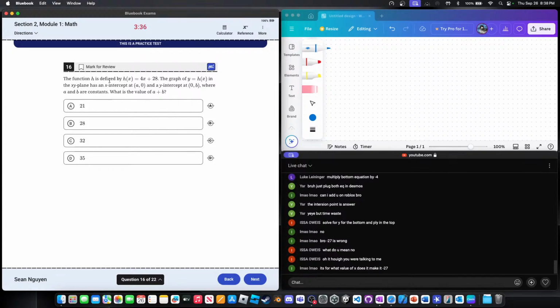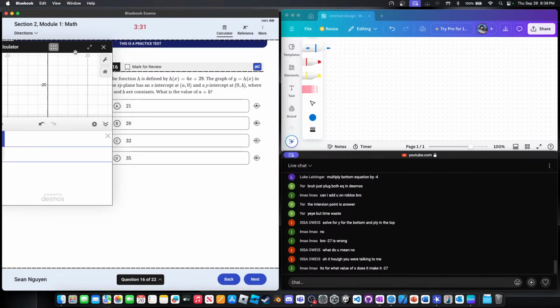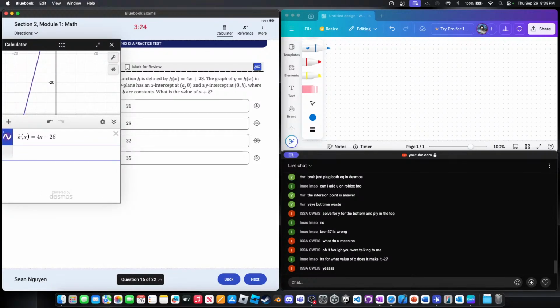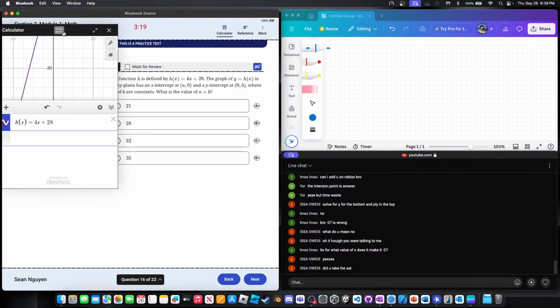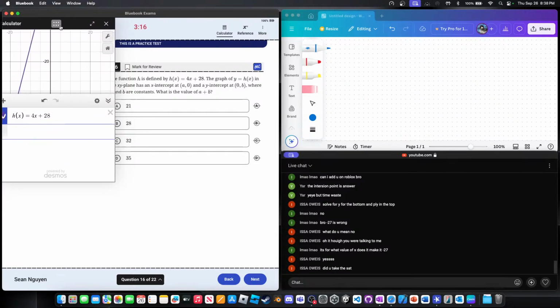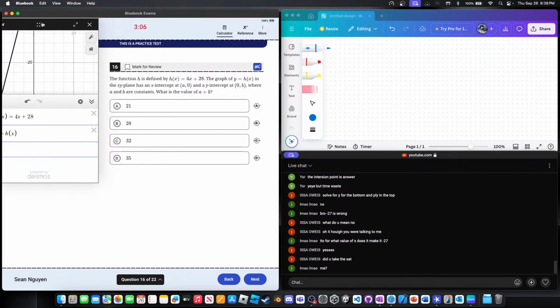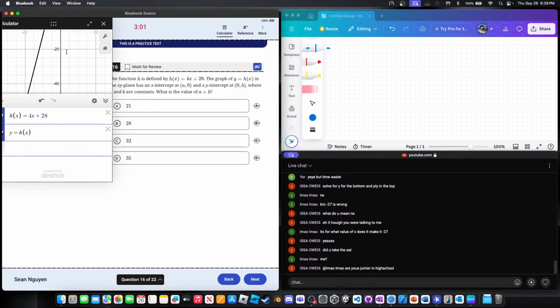The function h is defined by h of x is equal to 4x plus 28. The graph of y is equal to h of x in the xy plane has an x-intercept of a, 0, and a y-intercept of 0, b.